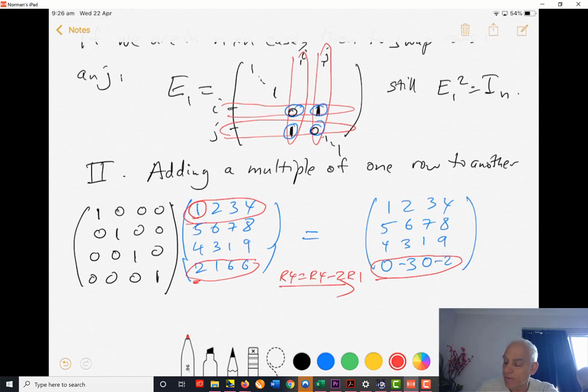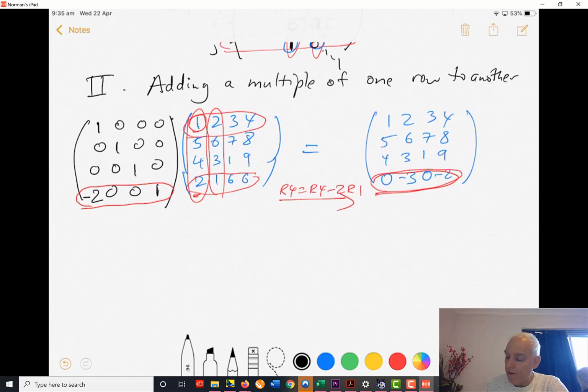In order to deal with this row, it's crucial that we just look at this row here. It's a question of putting the right things in there. And what we're going to do is change this 0 into a minus 2.